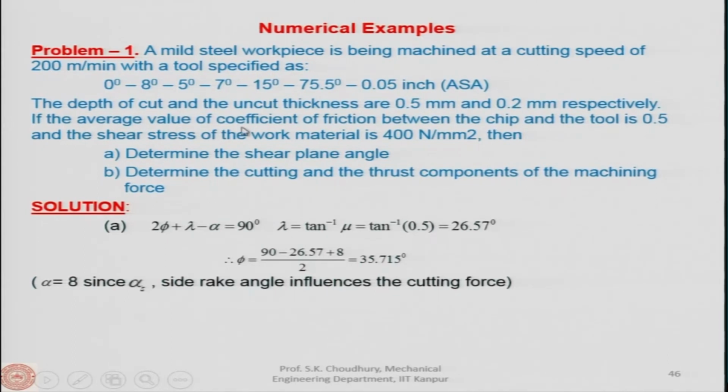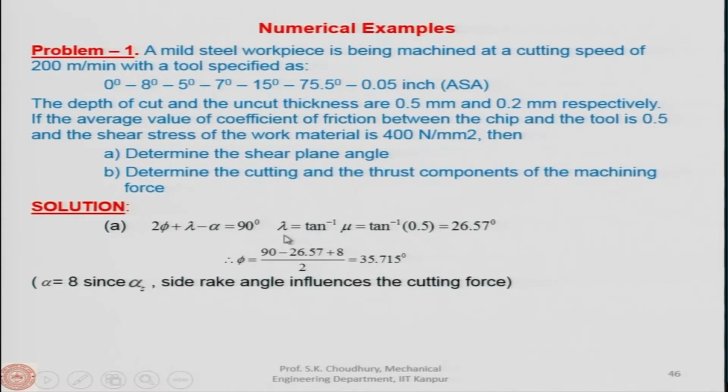If the average value of the coefficient of friction between the chip and the tool is given as 0.5 and the shear stress of the work material is 400 Newton per millimeter square, then determine the shear plane angle and the cutting and thrust components of the machining force. We have to find out phi. To find phi, we have Merchant's formula: 2 phi plus lambda minus alpha is pi by 2.